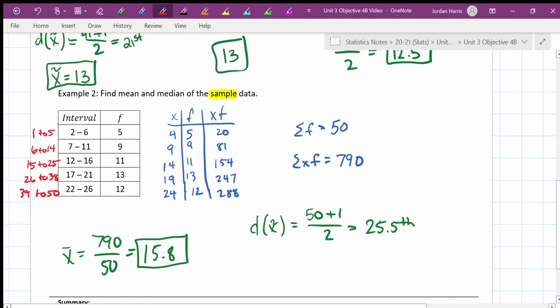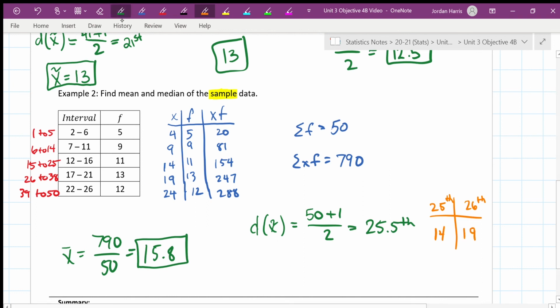Okay, so I need to find, remember this means it's halfway between the 25th and the 26th terms. So I need the 25th term. My 25th term, according to this, is a 14. The 26th term, according to this, is a 19.